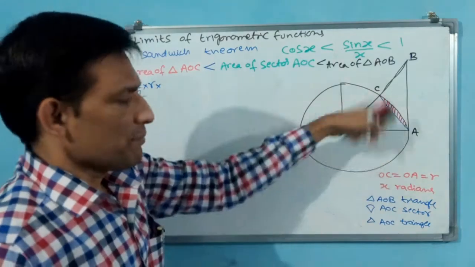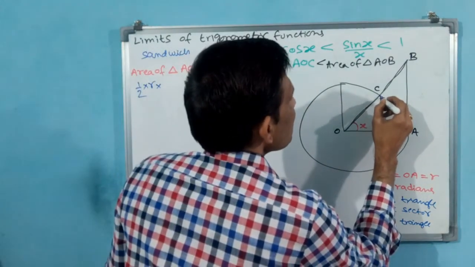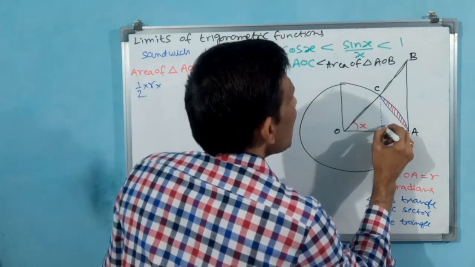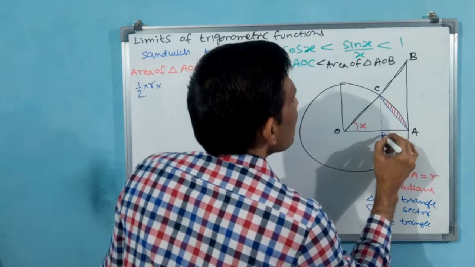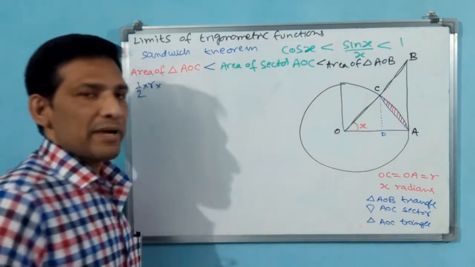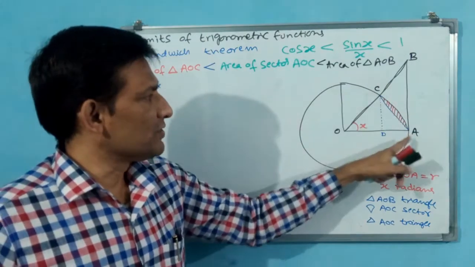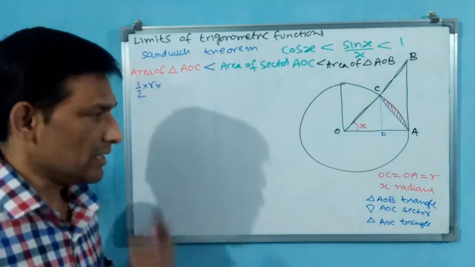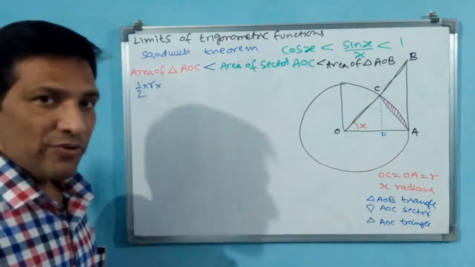Height, perpendicular height. You see, how are we going to find the height? Say D I am writing. This is the perpendicular height to find the area of this triangle, AOC triangle. See, this D, how can you write?